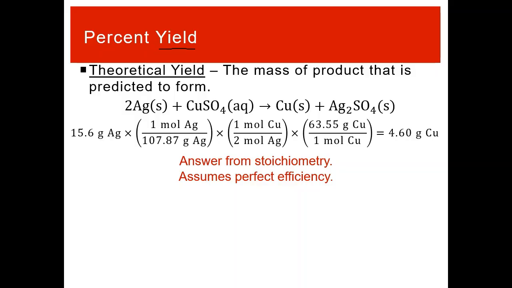And what perfect efficiency means in this case is that all of these silver atoms react with all of these copper atoms, and you perfectly convert all of them into product. So every single atom has gone into the product in a usable form. So you have a perfect little nugget of copper that has come out. When you watch this week's lab, you can see all the levels of imperfection that I go through.